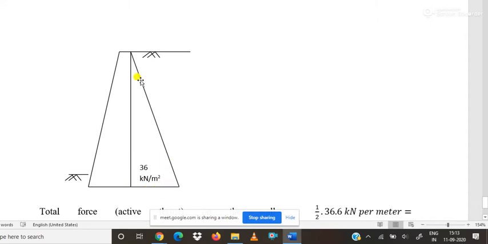Now the shape is a triangle. That means the CG is at 1/3 distance from the bottom point and 2/3 distance from the top point.